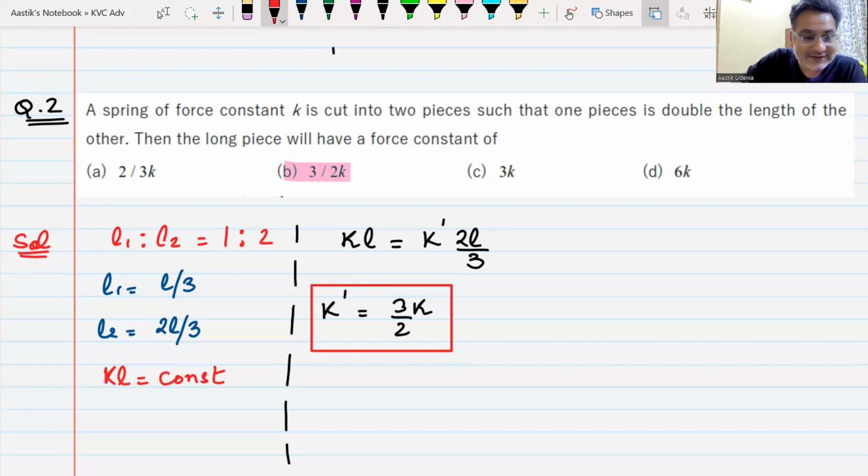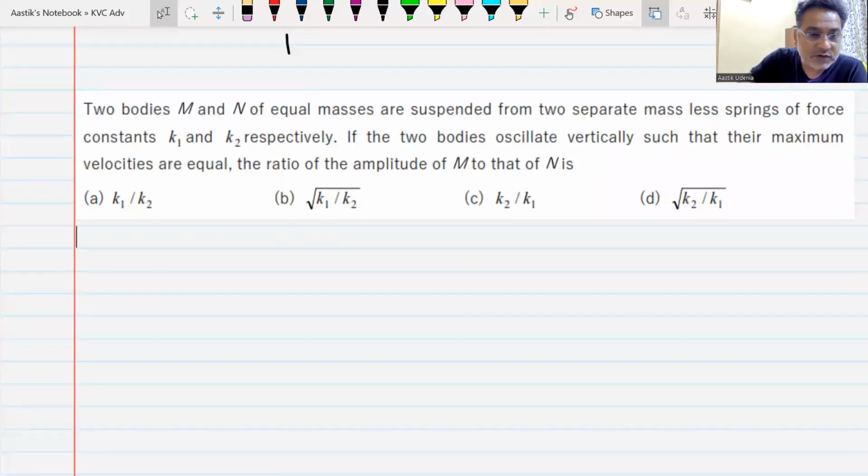Chalo. At the end of the day, there is light at the end of the tunnel. Good. Last question for today, and I'm expecting quick answers. And here it comes, my dear friends. Two bodies M and N of equal masses are suspended from two separate massless springs of force constant K1 and K2.